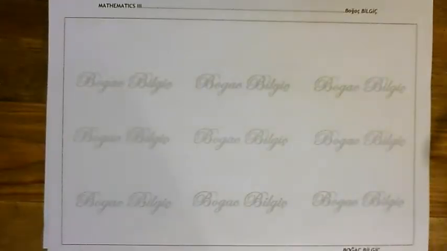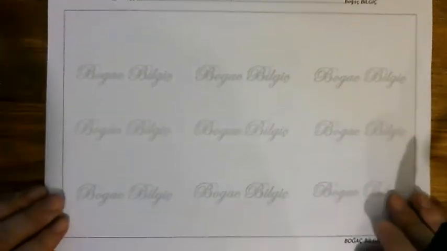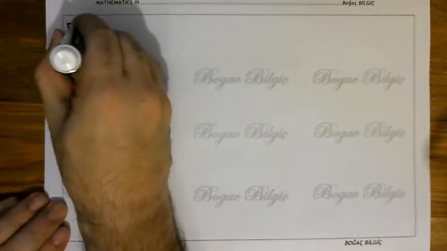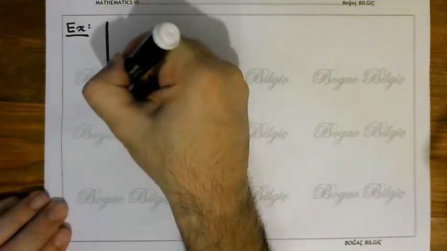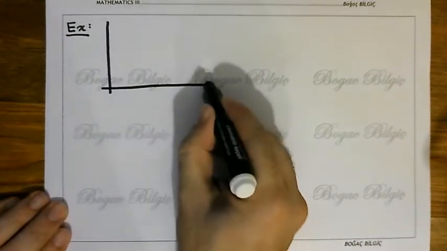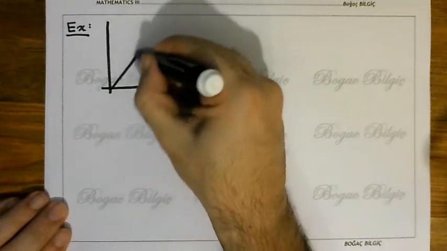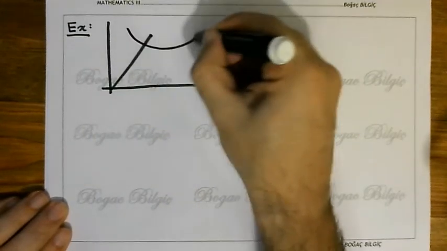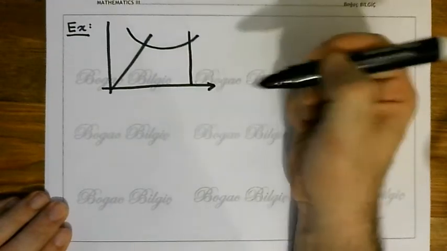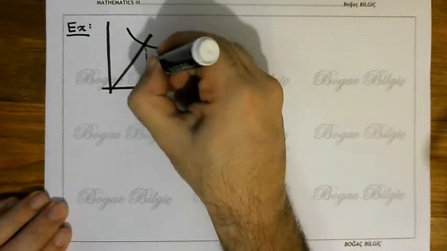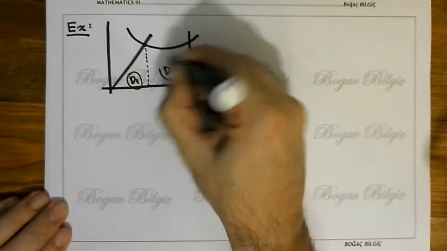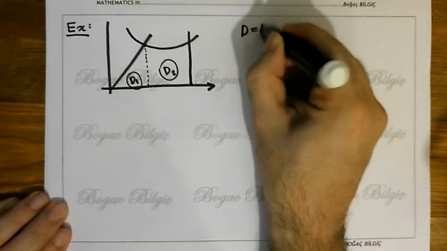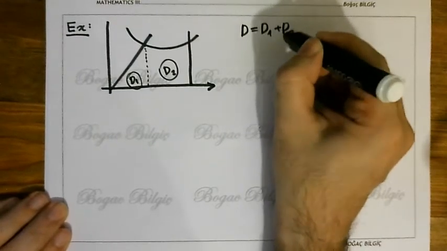Another example. This is the integration area. This is D1 and D2, and D is D1 plus D2.